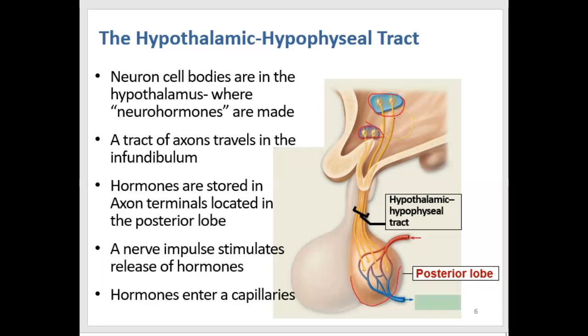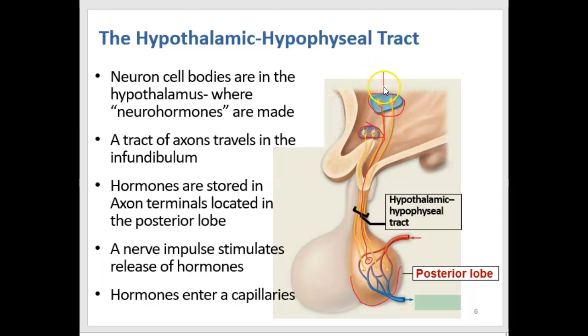Sometimes they're called neurohormones because they're made by neurons. And then the hormones will travel down the length of the axons that are within the infundibulum's hypothalamic-hypophyseal tract. Then the hormones get stored in the axon terminals.